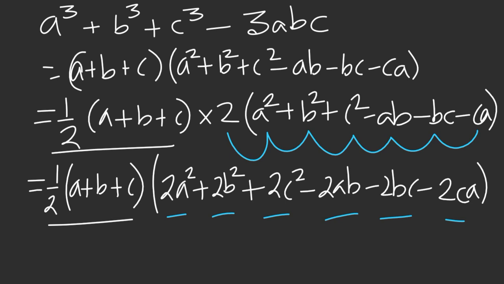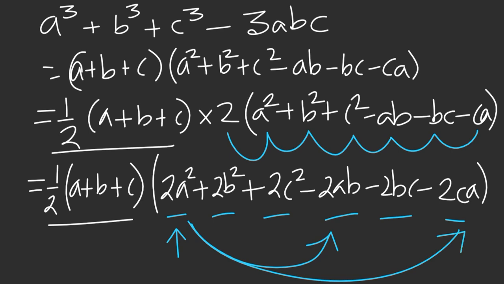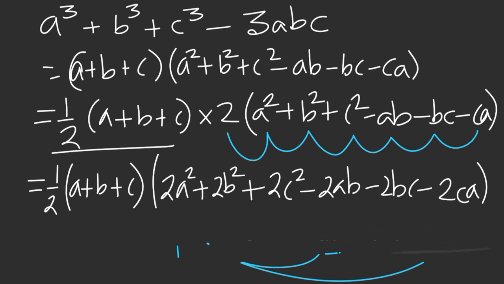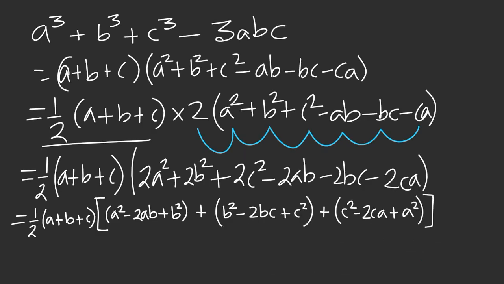And because of this 2a square, we can distribute the a square. 1a square we can give for twice ab, and 1a square we can give for twice ca. 1b square we can give for twice ab, and 1b square for twice bc. Similarly for c square also we can do it. And on rearranging these a squares and b squares and twice ab, we can write it as half into a plus b plus c, which remains same as above, and then we have a square minus twice ab plus b square.